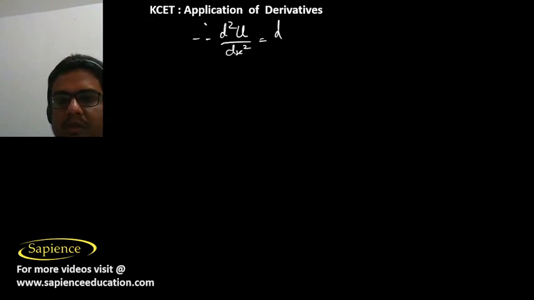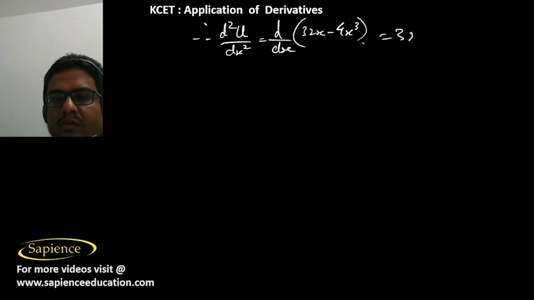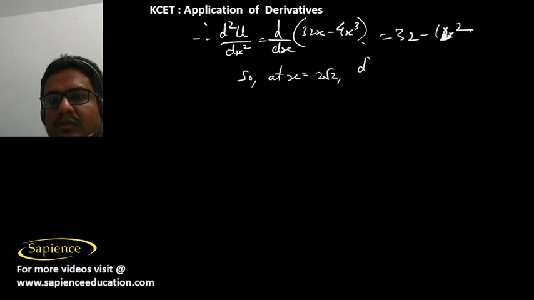Now, d square u by dx square will be d by dx of 32x minus 4x cube. This will be 32 minus 12x square. Now, at x equal to 2 root 2, d square u by dx square is 32 minus 12 into 8.